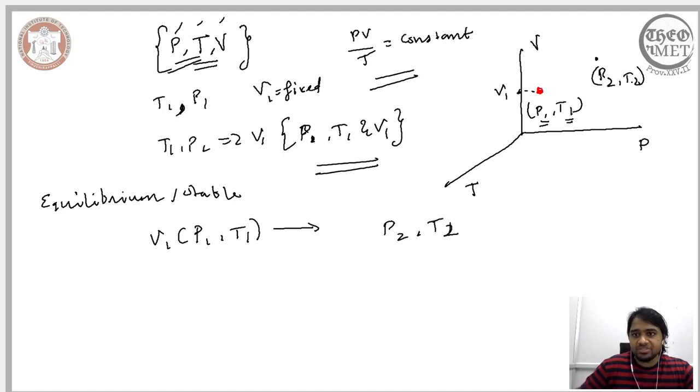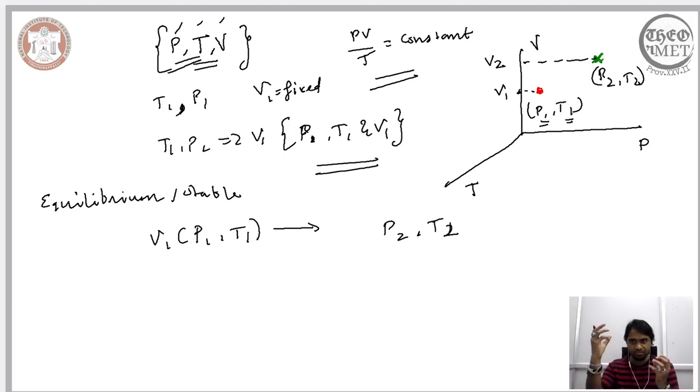what essentially happens is that the corresponding volume also changes. So let me use a different color. Here we have moved from P1, T1 to P2, T2, and correspondingly the volume of the system changes, and now it has moved from one equilibrium state or one stable state to another stable state, primarily because we have changed the independent variables. So we have now a different volume, a different state of the system that is described by the combination of V2, P2 and T2.